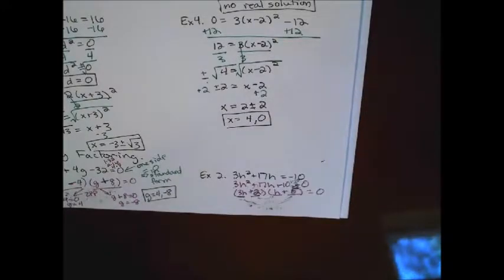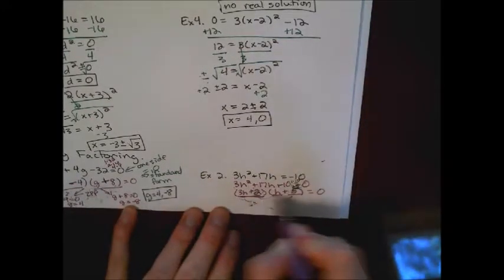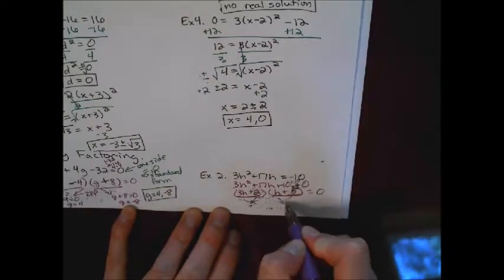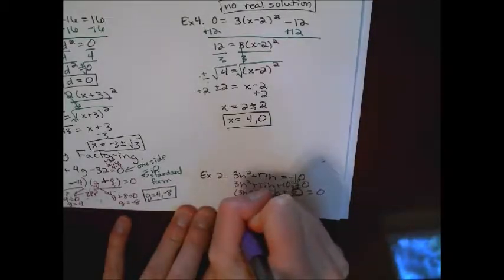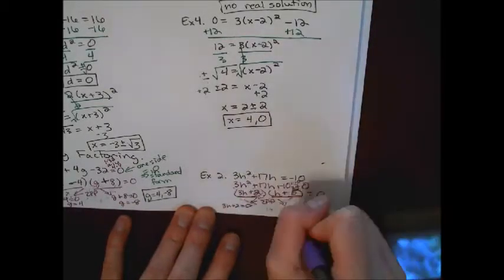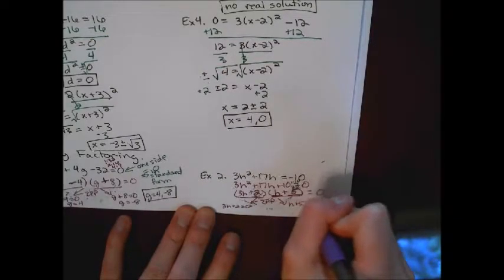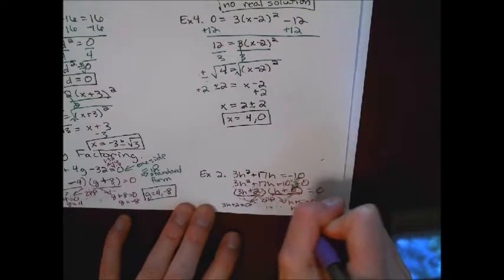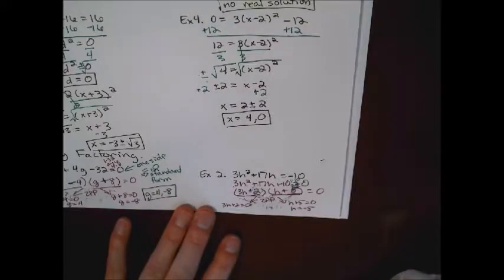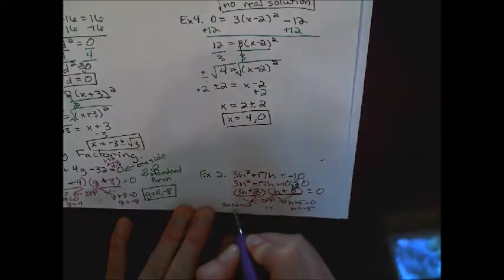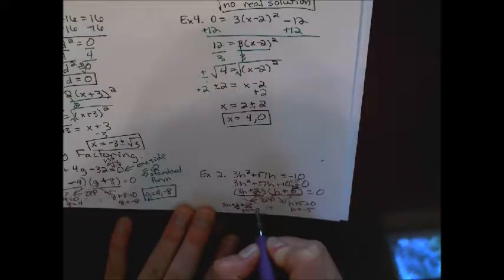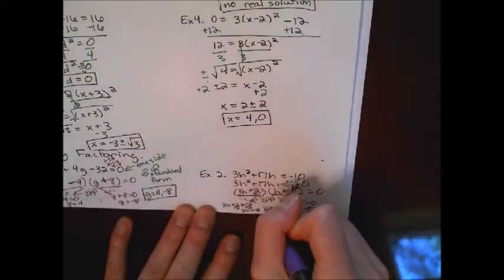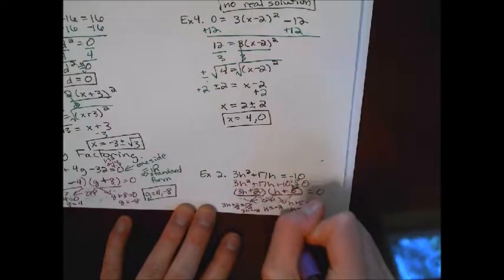Okay, so now I take my binomials. I split them by the zero product property. 3h plus 2 equals 0. H plus 5 equals 0. Here I get h equals negative 5. Now I'm going to subtract 2. Then I divide by 3, and I get h equals negative 2 over 3.